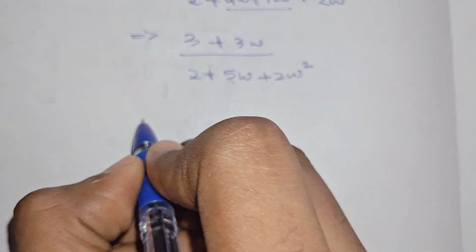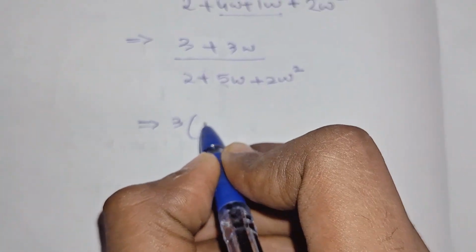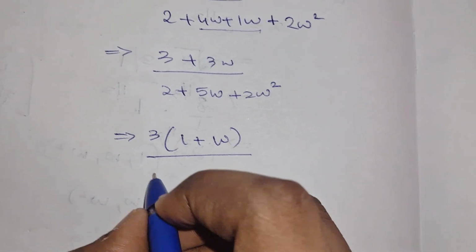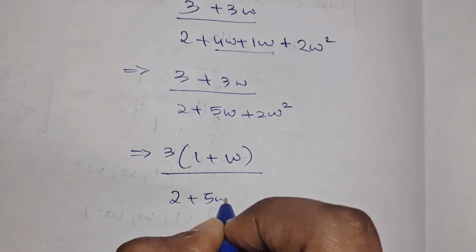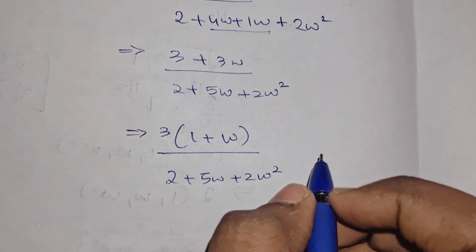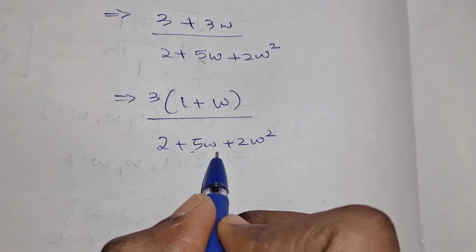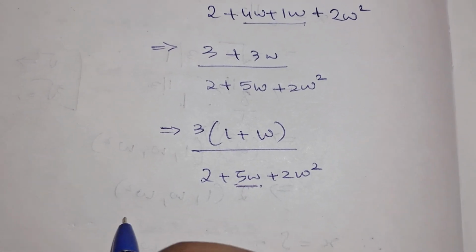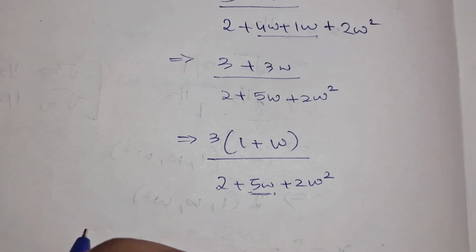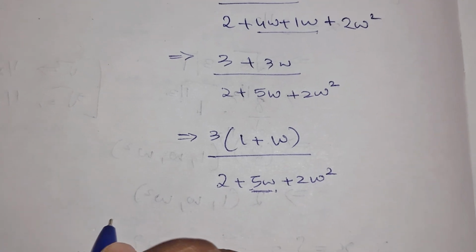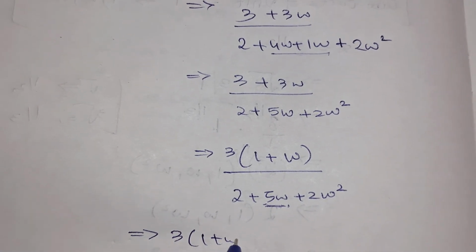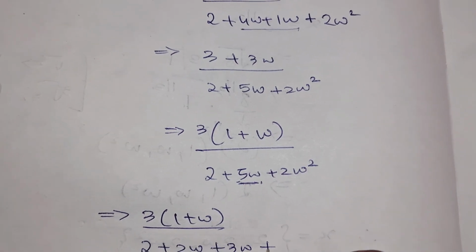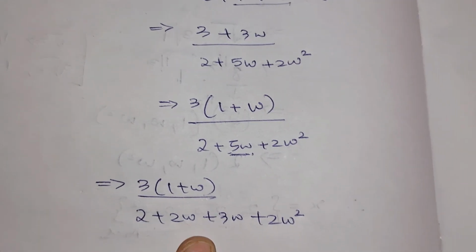Now we will take 3 common in the numerator, so we get 3 multiplied by (1 plus omega) divided by (2 plus 5 omega plus 2 omega square). Now I am splitting this 5 omega, like how we find roots. Instead of 5 omega we can write, in the denominator, 2 plus 2 omega plus 3 omega plus 2 omega square, that is nothing but 5 omega only.